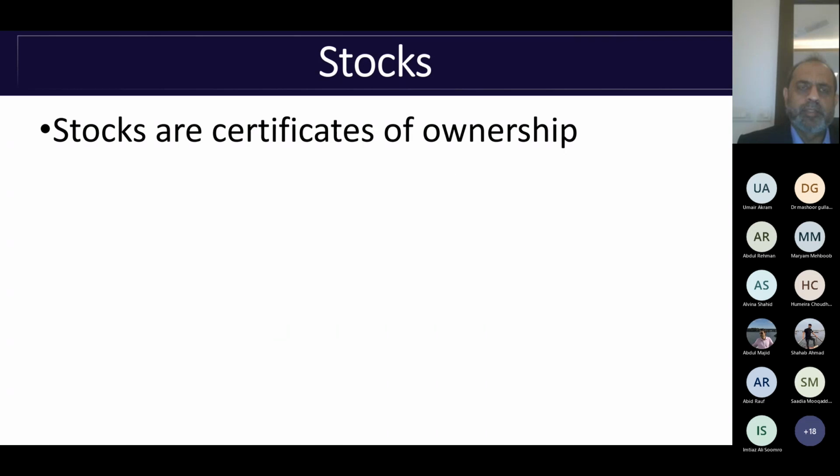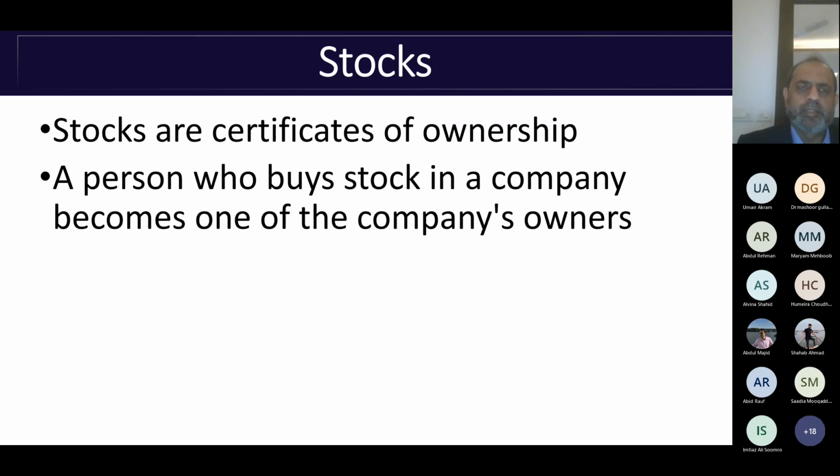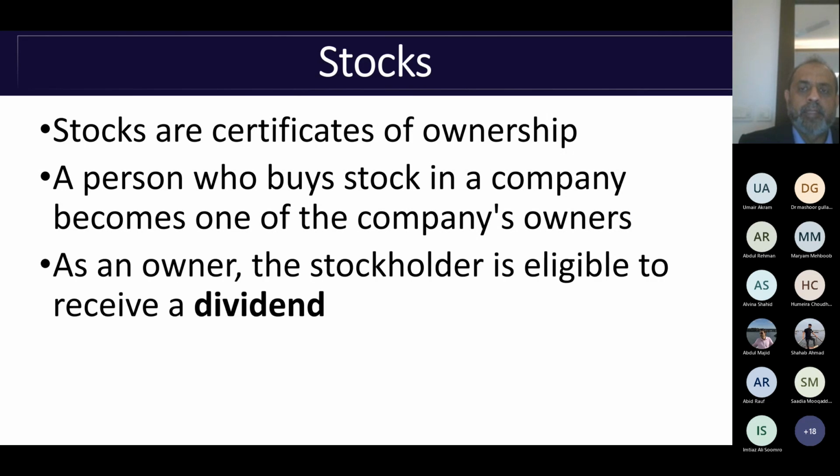And stocks are, as I mentioned, the ownership in the company. Okay, so you become an owner in the company, and you are eligible for dividends, and you can vote in their shareholder meetings.